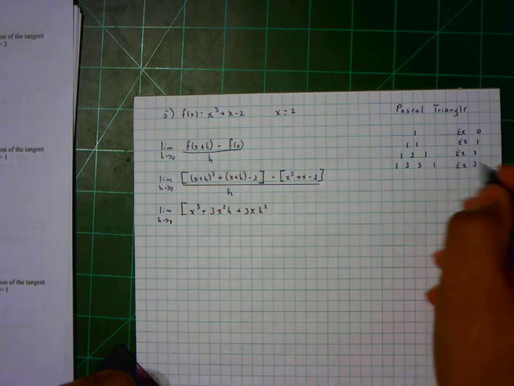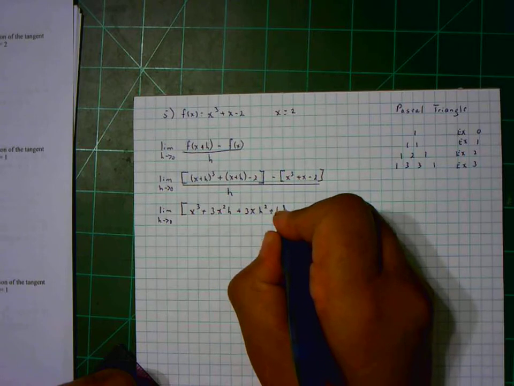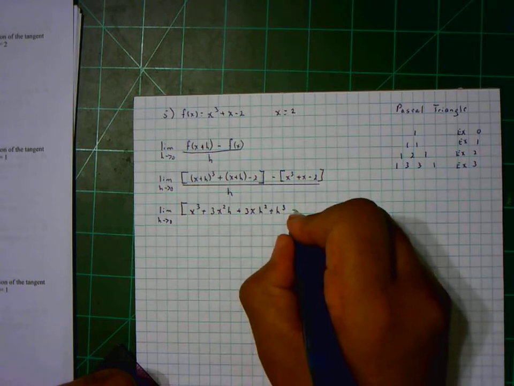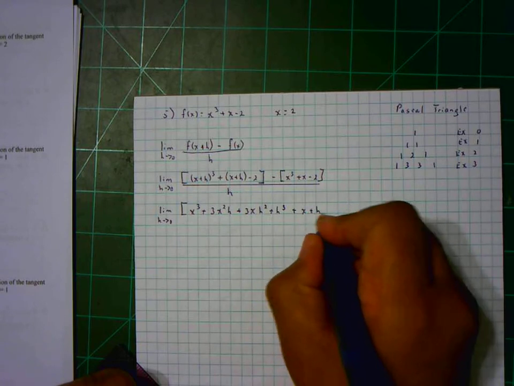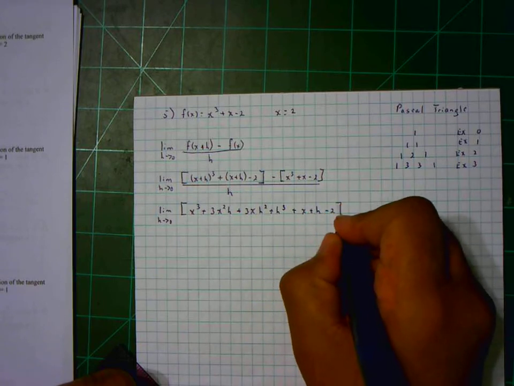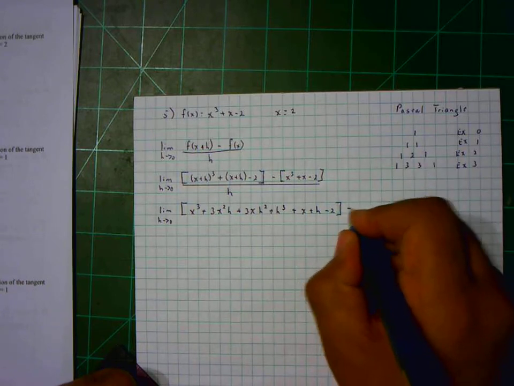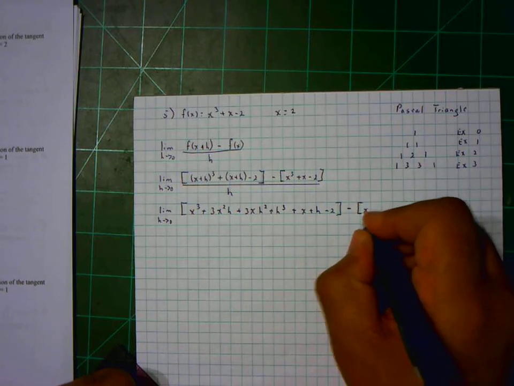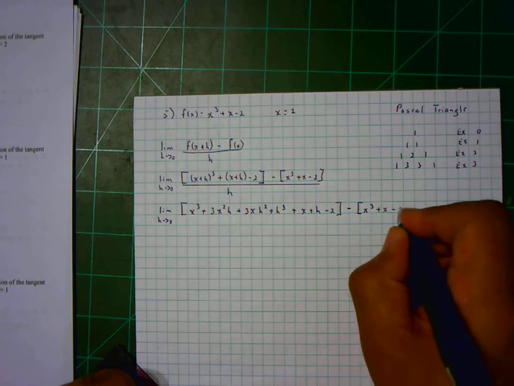And the last term is 1 h cubed, plus x plus h minus 2, just remove the parentheses on that, minus x cubed plus x minus 2.